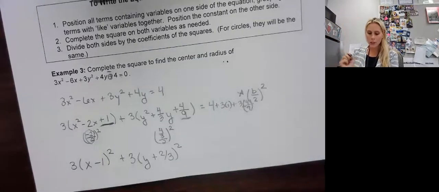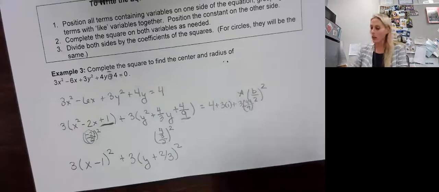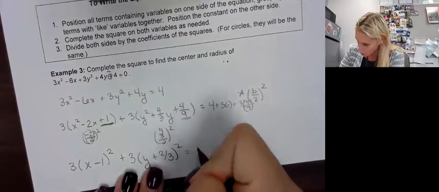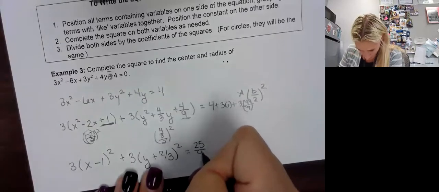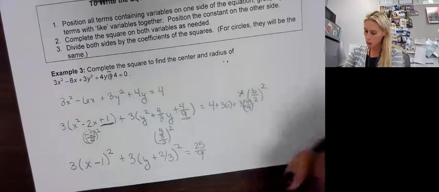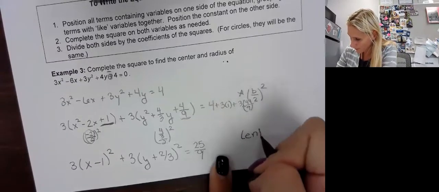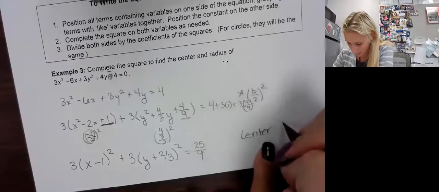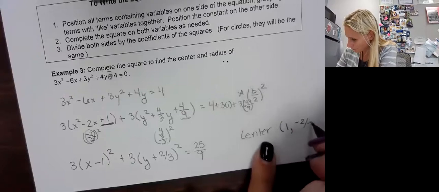Now, do this all on your calculator. Oh, I just made my pencil fly. Sorry, guys. There we go. If I add those all together, I end up getting 25/9, which makes this equal to, remember, our center is HK, so H is 1, K is -2/3.